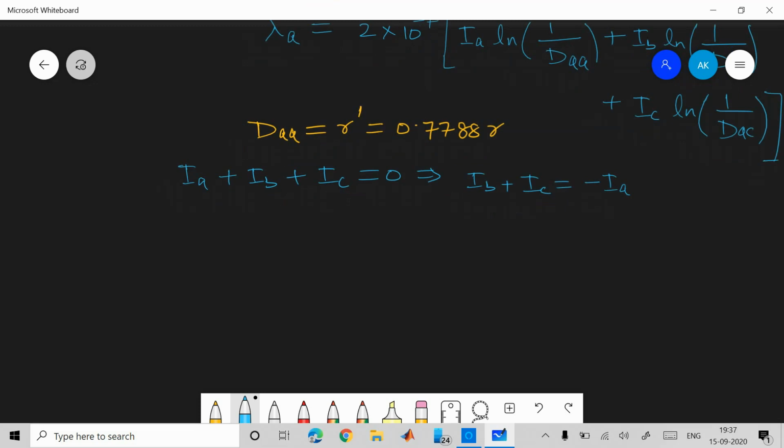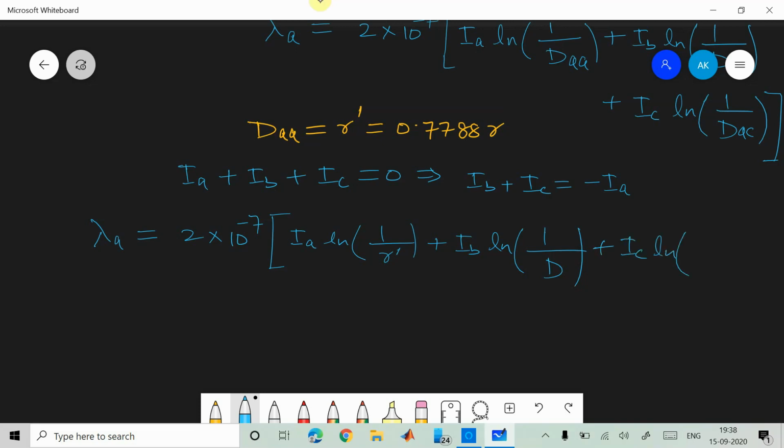No problem. So lambda A is equal to 2 into 10 raised to power minus 7 times IA ln 1 by DAA, which is nothing but R dash, plus IB ln 1 by DAB, meaning the distance between conductor A and B, which is your D, plus IC ln 1 by DAC.